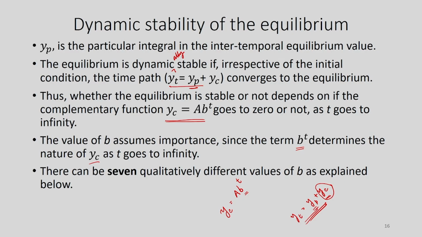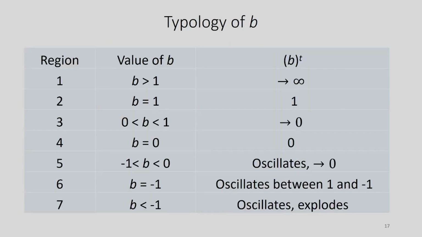Now, there can be several qualitatively different values of b as explained below. Okay. So, different types of b that can occur. So, this is called the typology of b. There can be 7 possible regions, from which b can take its value. I am just going to introduce this and maybe we can discuss it in more detail in the next lecture.